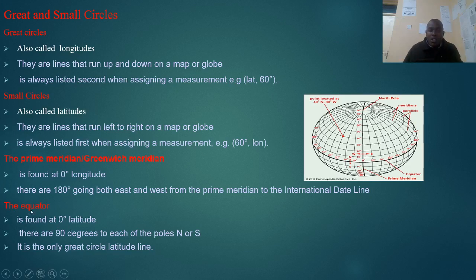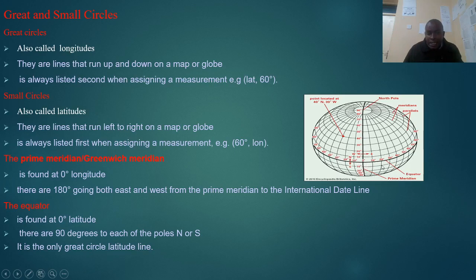Now, when we talk about the equator, it is found at 0 degrees latitude. So the latitude at this point is 0 degrees. So we have a longitude here, which is 0 degrees, we call it a prime meridian, and we have a latitude at 0 degrees here, we call it an equator.